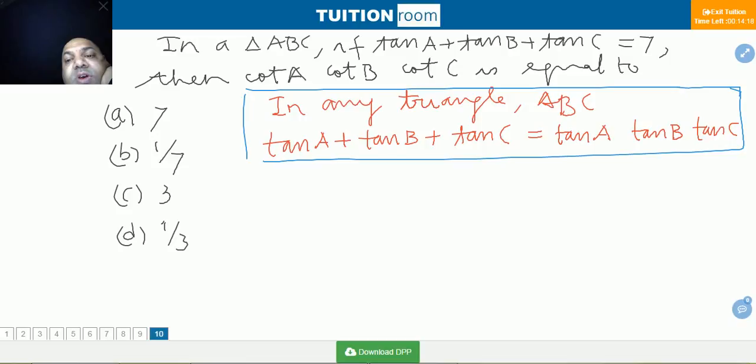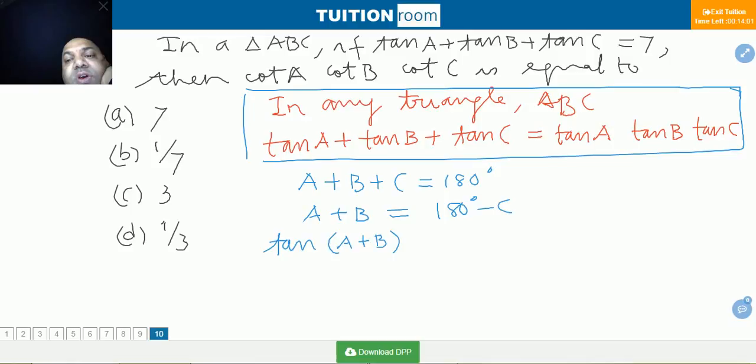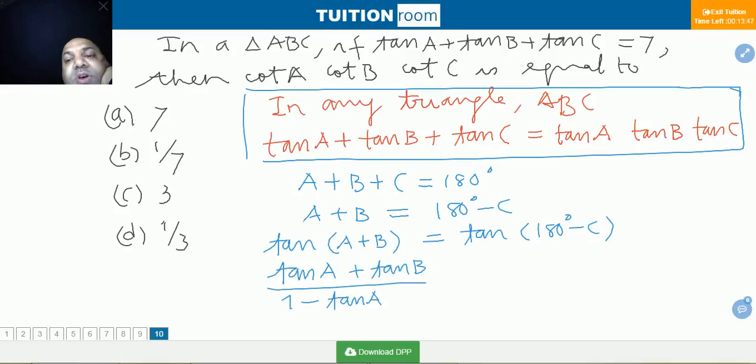A plus B plus C is equal to 180 degree, and A plus B will be equal to 180 degree minus C. Take tan both sides: tan of A plus B is equal to tan of 180 degree minus C, so tan A plus tan B over 1 minus tan A into tan B is equal to minus tan of C. Now cross multiply and we will certainly get this result.